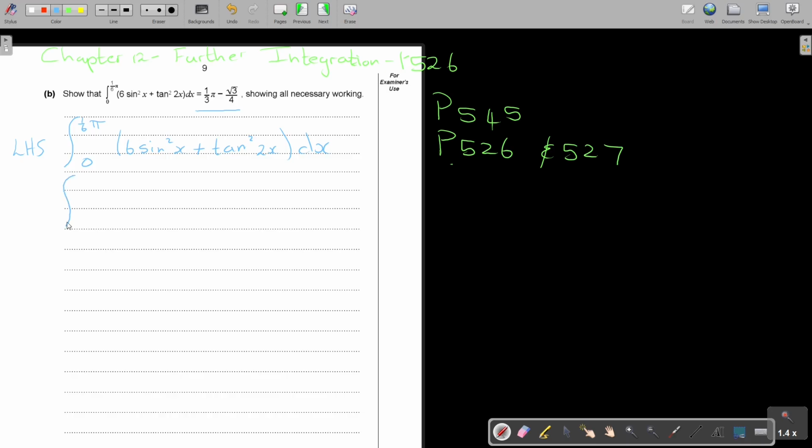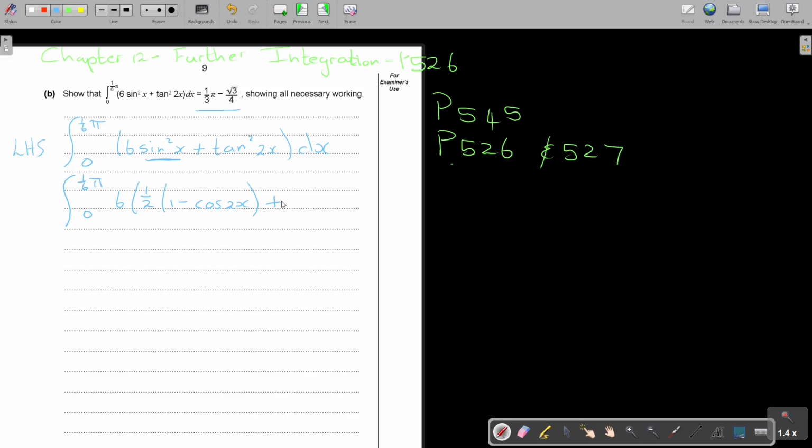So basically, what I'm saying to you is I'm leaving the 6 and I'm just going to put this in another form. And if I look there in the textbook, it's a half, 1 minus cos 2x, plus, and what is tan? I think it's on the top of the page there.